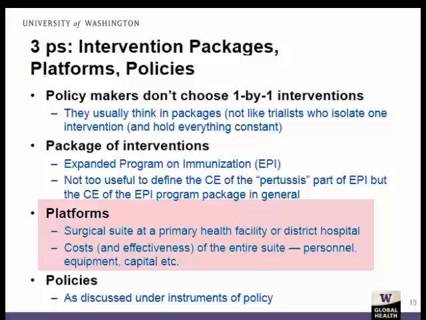Essentially, the doctor or the surgeon, the anesthetist, the theater equipment. And if you want to do an economic evaluation, you can do an economic evaluation of the entire surgical platform. So that's the other way of looking at healthcare interventions, as platforms or as packages of interventions.